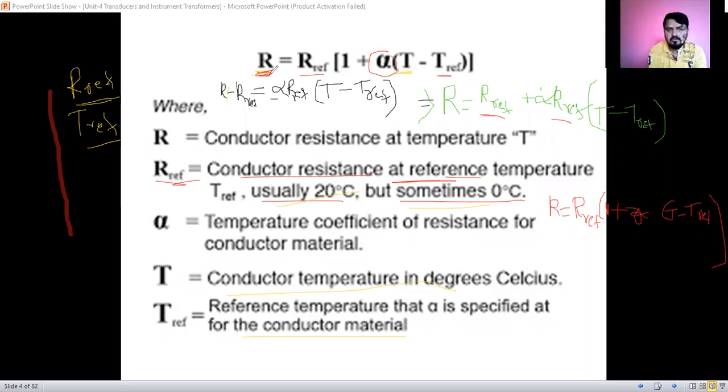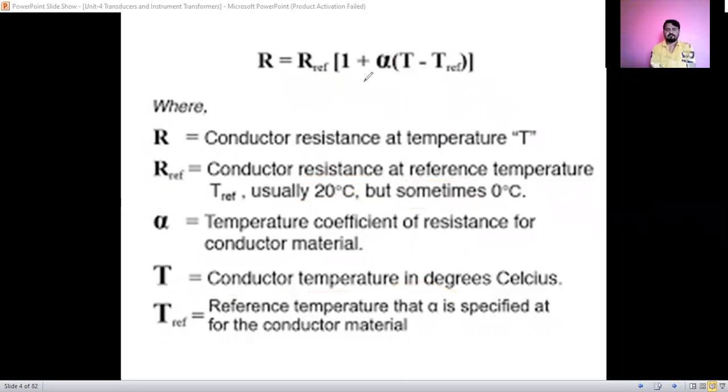So this equation we have taken as a reference. From this equation, we can separate alpha also. Can anyone do this? Tell me the formula for alpha.